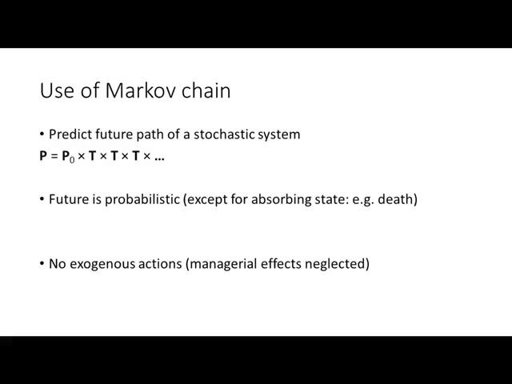So again, this is a probability distribution, but if eventually we let the system run long enough, we reach the so-called absorbing state, which is where the system will end up in the long term, and in this case, it will be death. So that's the absorbing state. That's the only deterministic state the system will end up in if we give it enough time. For shorter times, the future path is always a probability distribution.